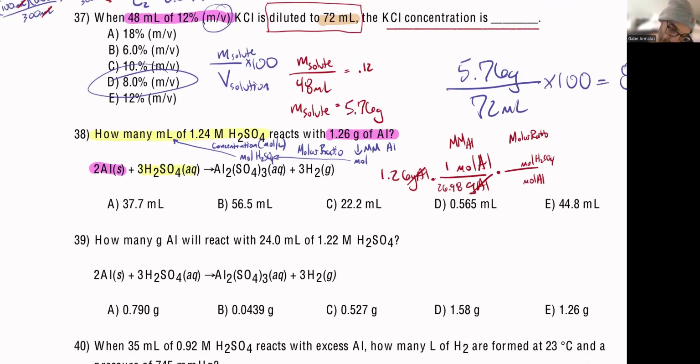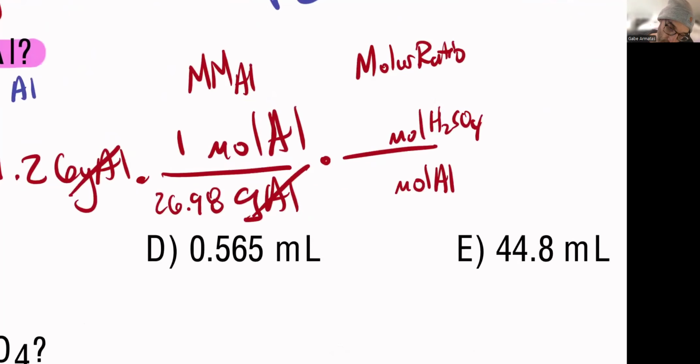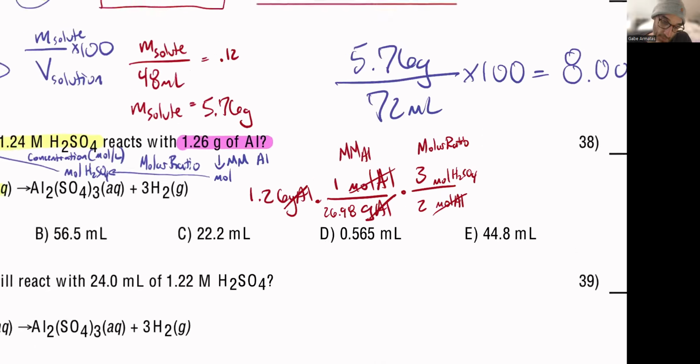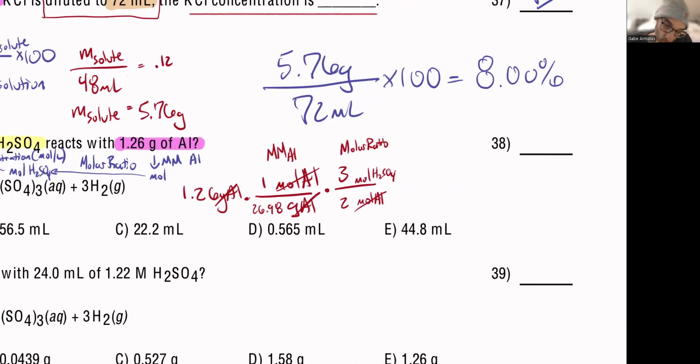Where do I get that? I get that from the balanced chemical equation. 2 moles of aluminum to 3 moles of H2SO4. Moles of aluminum cancel. Right now, my unit is moles of H2SO4, but that's not what I'm interested in. One more step, times fraction. This is where I'm using the concentration of my solution.